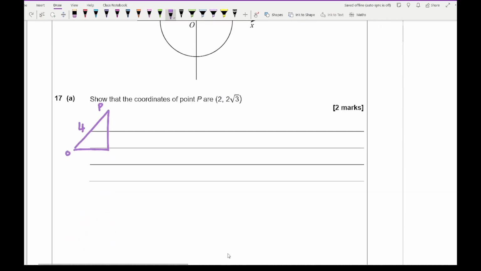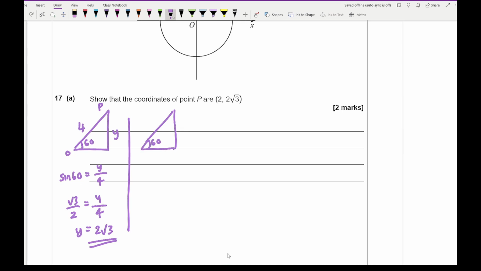Now if I want to work out the y ordinate, and this angle is 60, I then use sine 60 equals y over 4. Now sine 60 is an exact value of trig, so that's root 3 over 2 equals y over 4. Then doing a bit of cross multiplying or taking the 4 over, I end up with a y value of 2 root 3.